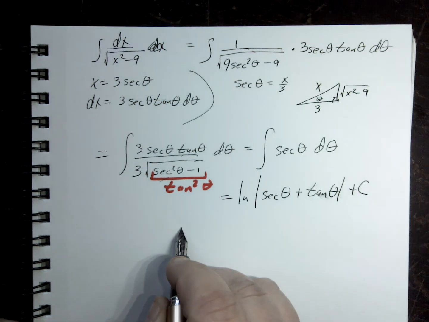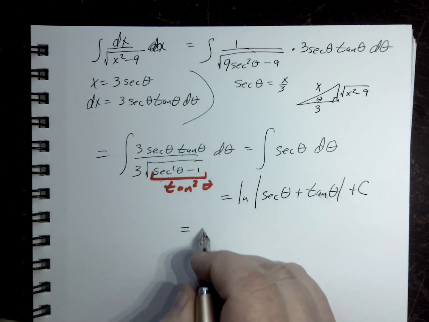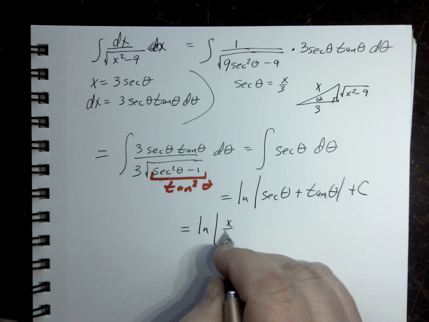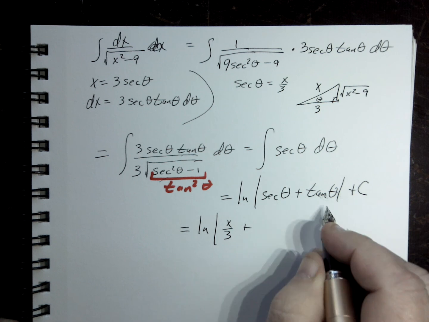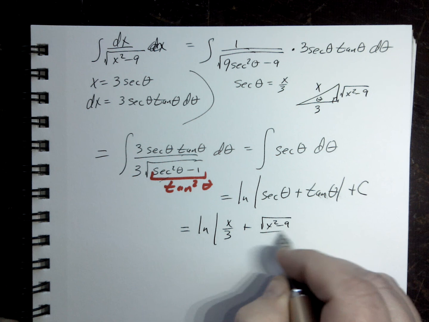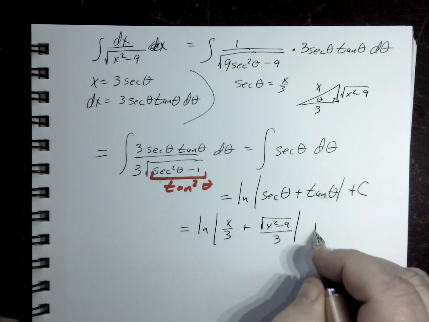Reading secant and tangent off the triangle, secant theta is x over 3. Tan theta is the square root of x squared minus 9 over 3, plus c.